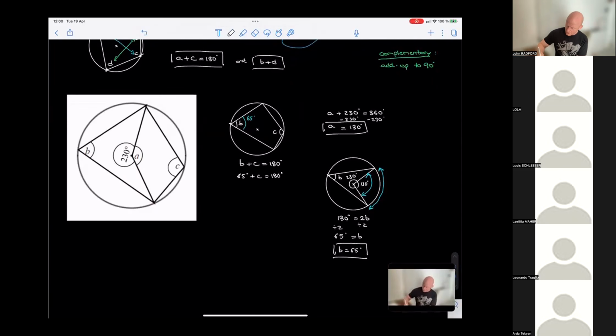And now if I subtract 65 from both sides, C is equal to 180 minus 65, which is 115 degrees. Done. We have A, we have B, we have C.